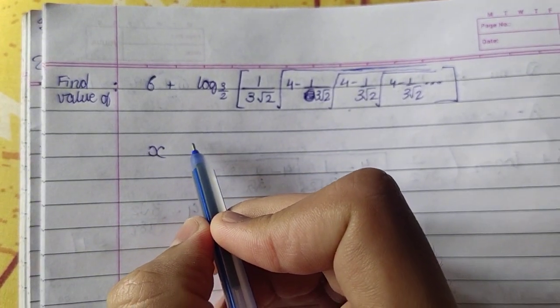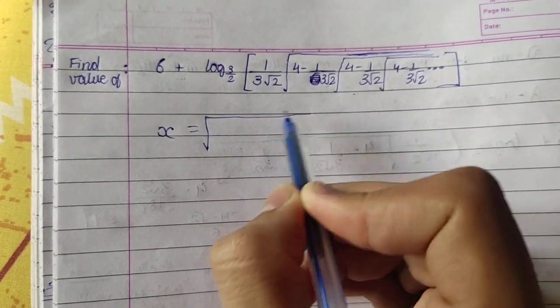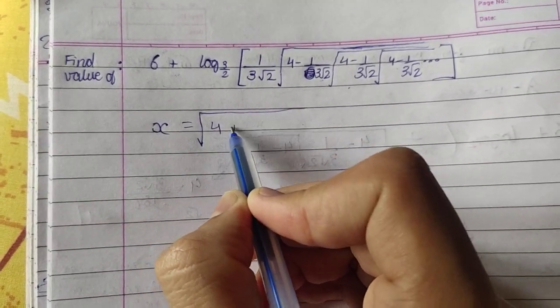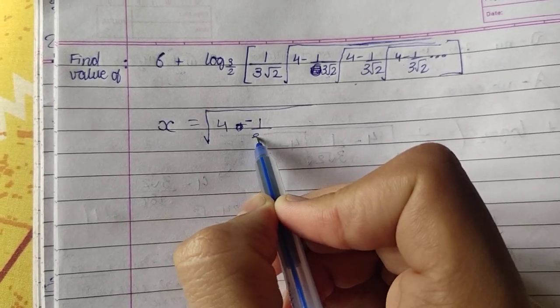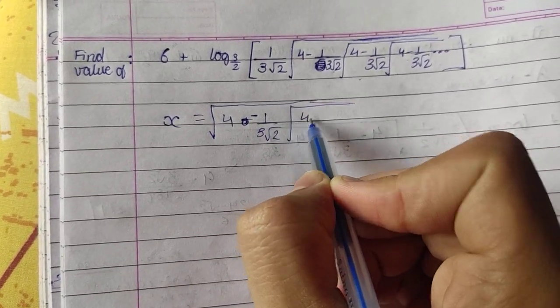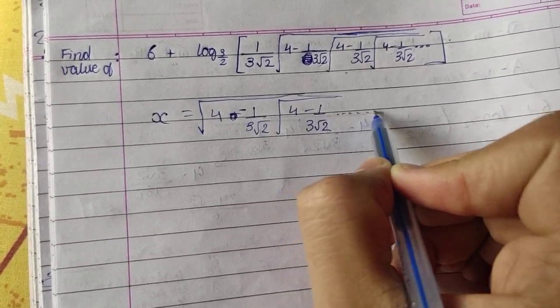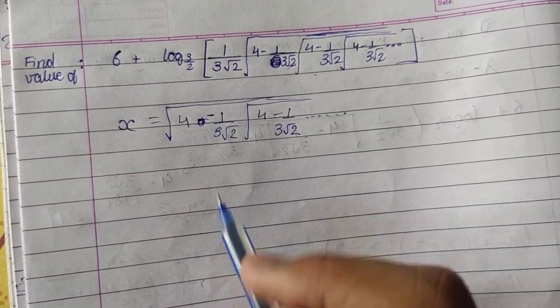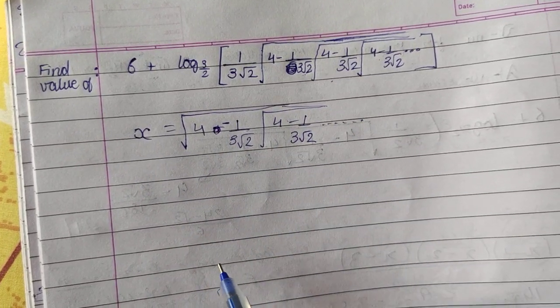Okay, so we can say that x is equals to under root 4 plus 1 by 4 minus 3 root 2, 4 minus 1 by 3 root 2 and so on. Okay, so this is x. This entire thing is x.